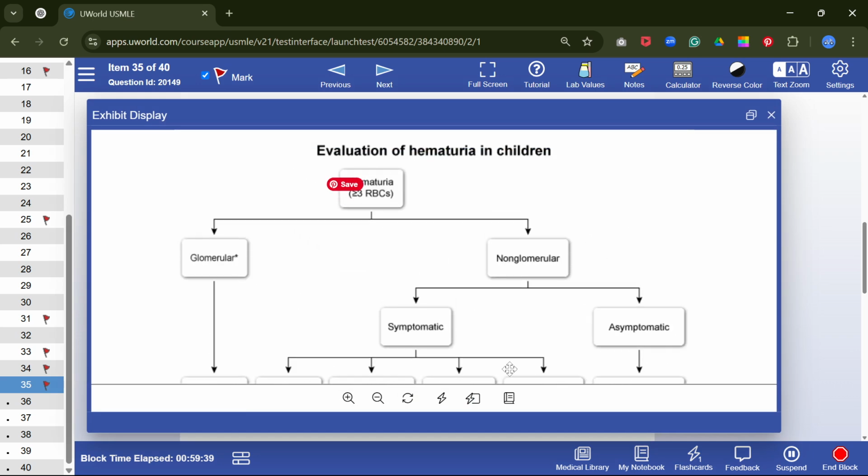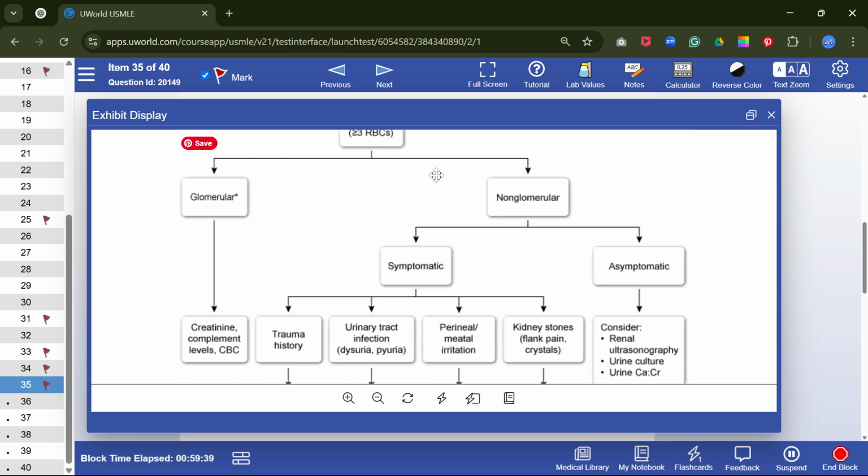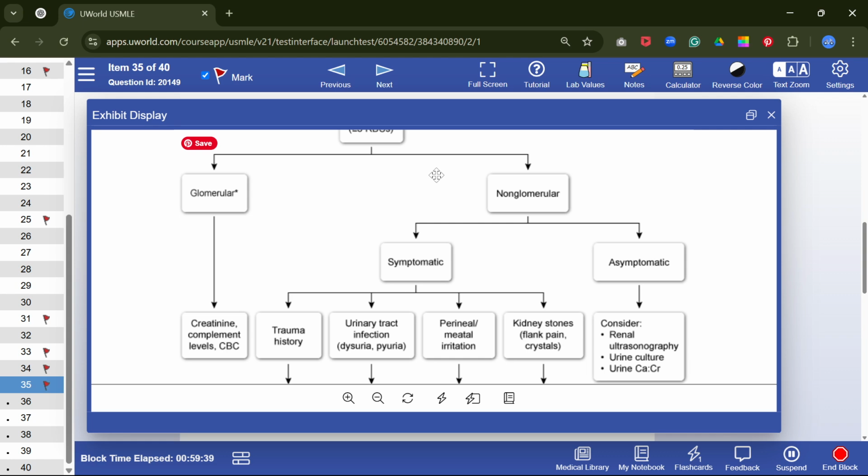Evaluation of hematuria in children: hematuria means 3 or more RBCs. Is it glomerular or non-glomerular? If it is glomerular, then check CBC, creatinine, and complement levels. For non-glomerular asymptomatic patients, do renal ultrasonography, urine culture, and urine calcium-creatinine ratio. For non-glomerular symptomatic patients: if it is trauma, then CT scan of the abdomen.